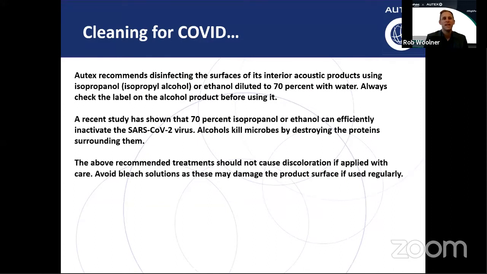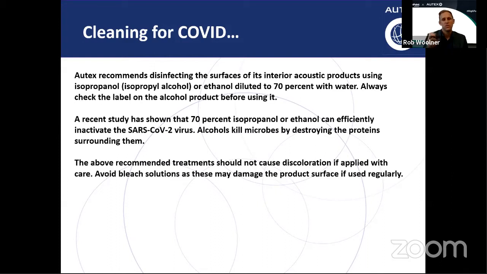Just quickly, in terms of cleanability for our product, I know there's a lot of attention at the moment on how well things can be cleaned. Being PET, if you imagine a Coke bottle, how easy it is to wipe that down and how inert that is to moisture. We recommend cleaning and disinfecting the surfaces by using an alcohol or an ethanol diluted to 70%.